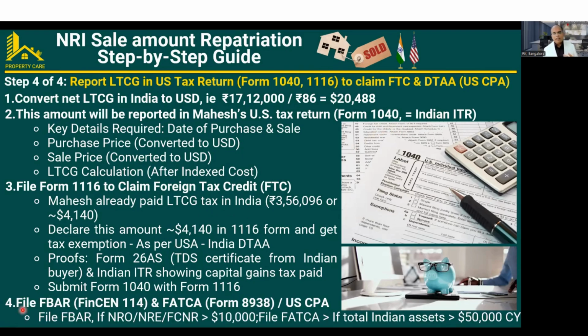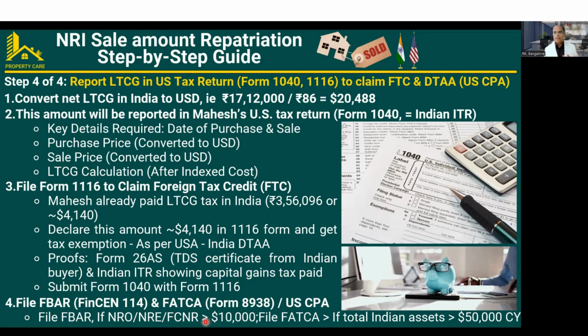One more thing here in the US is the Foreign Bank Account Report, FBAR, filed with the Financial Crimes Enforcement Network. If an Indian citizen has an account in India, NRO, NRE or FCNR, which exceeds $10,000, they have to report that this account has crossed that amount.